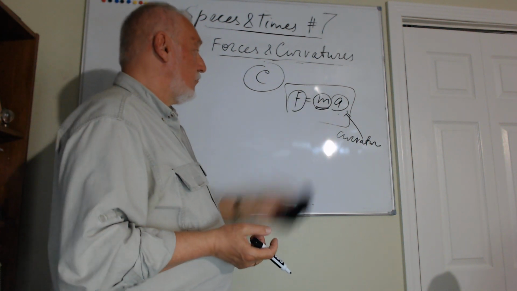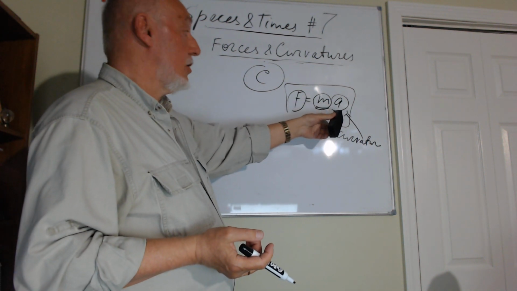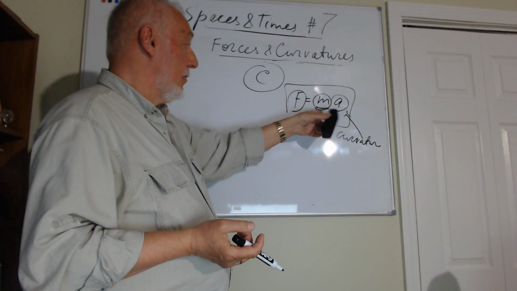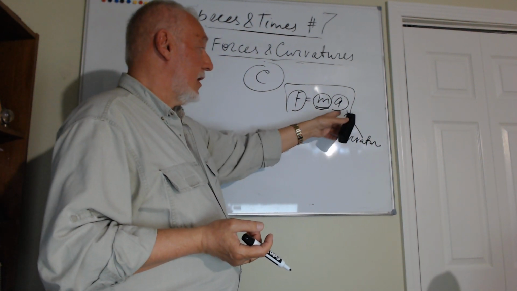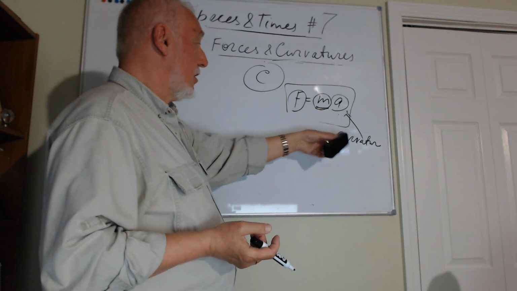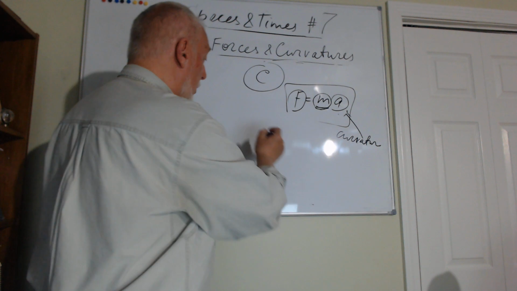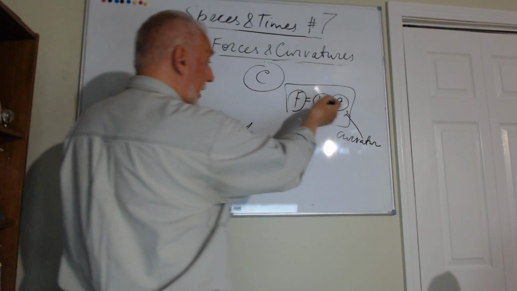And just one short word about mass. Mass is the proportion between force and acceleration, and acceleration is actually curvature, so this is proportional to curvature. If mass is 1, force is like 1a.